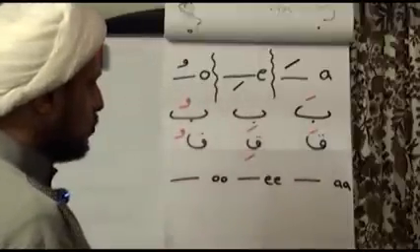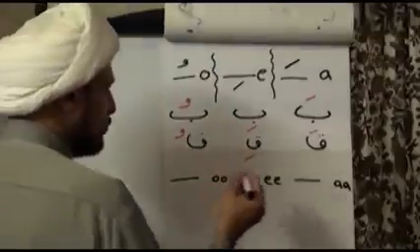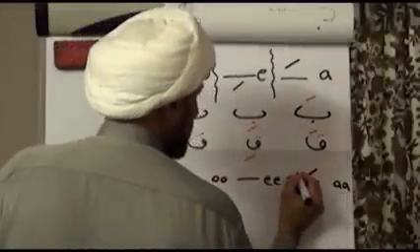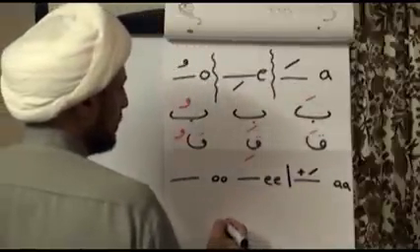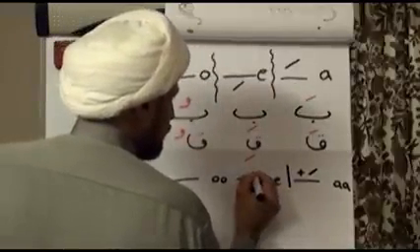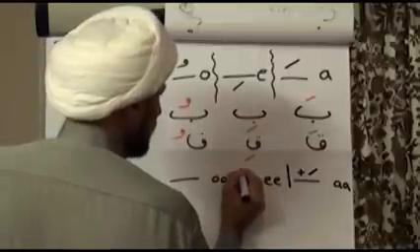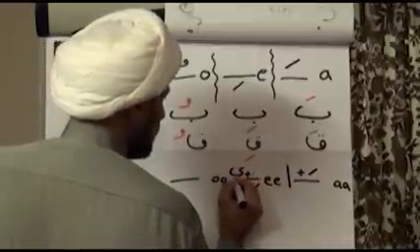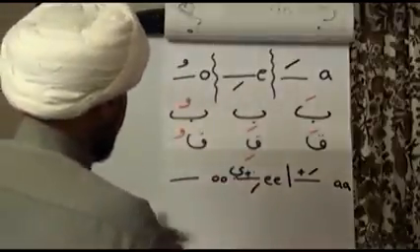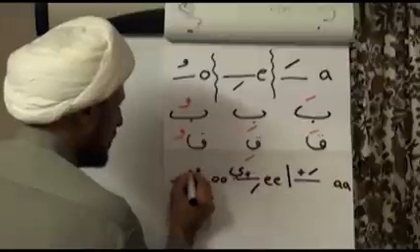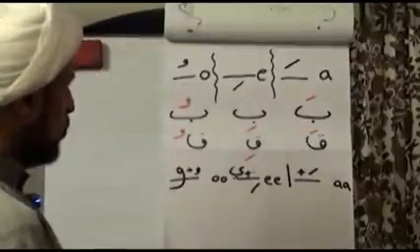So what will happen? This a will be represented with fatha plus alif. Here, kasra plus ya, ee. And then here, dhamma plus waw, oo.